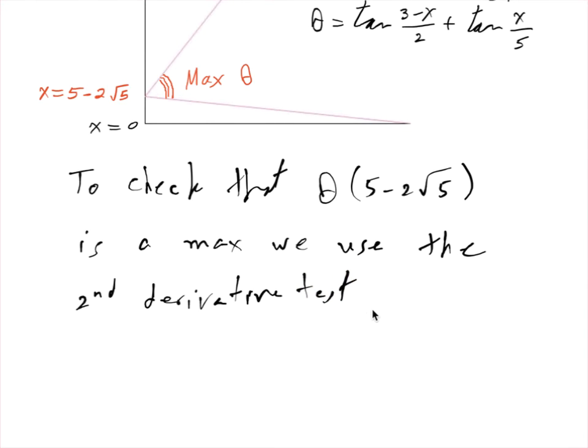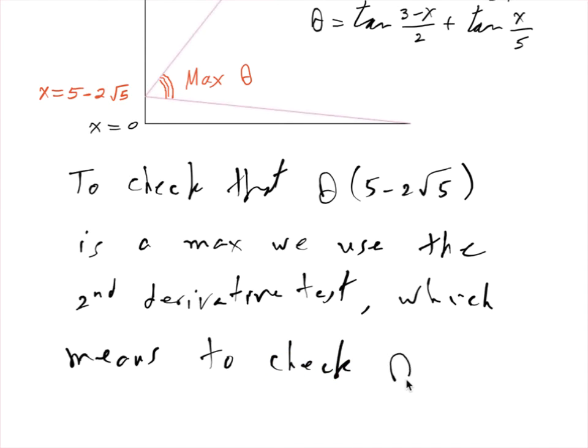Which means to check that theta double prime at this value x, 5 minus 2 square root of 5, is less than 0.